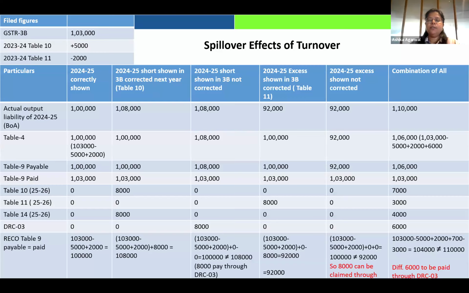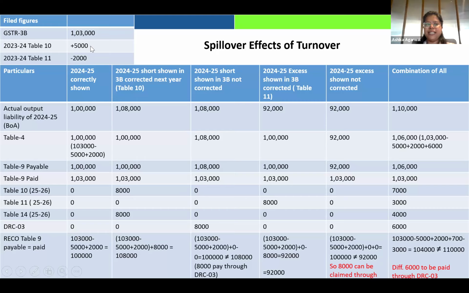Now, let us understand the spillover transactions. Here I would like you to pay a little attention so that you can understand how the tables of GSTR 9C are to be filled. We have taken multiple scenarios to explain the same. First, we are talking about last year, 23-24.